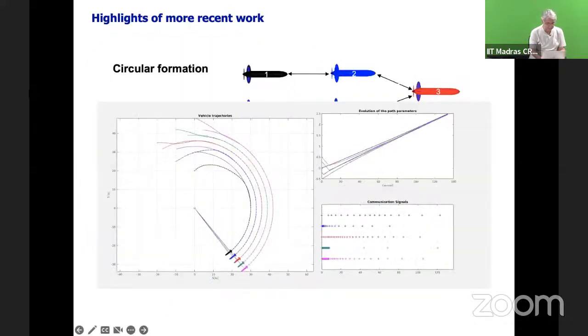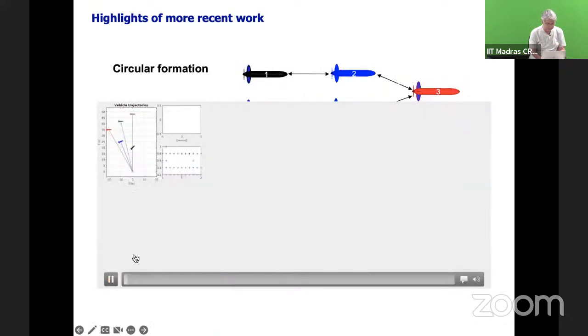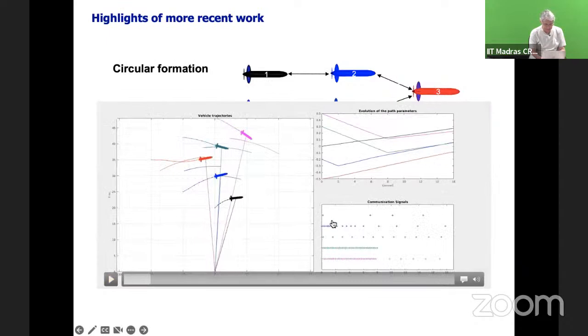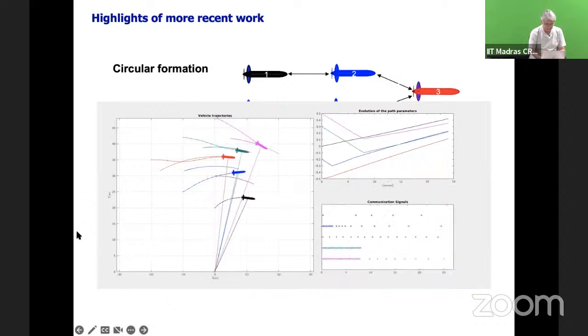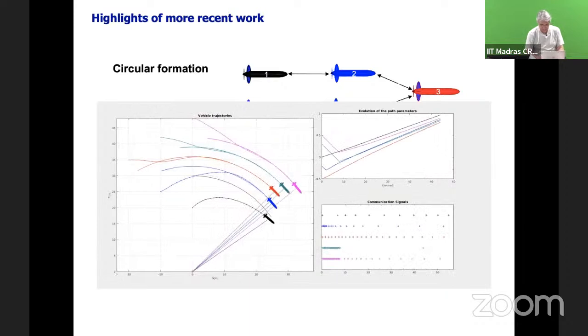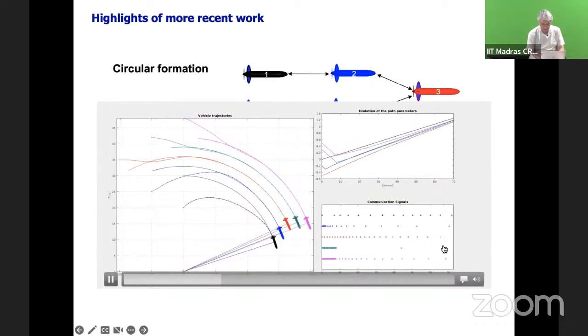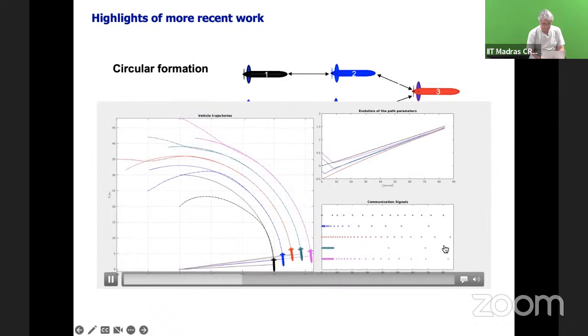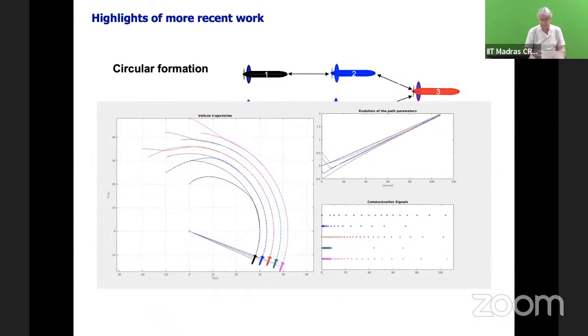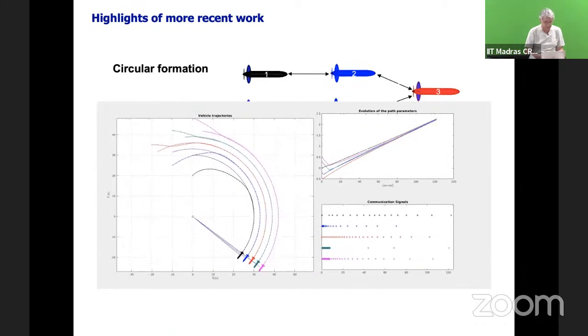And here you can see an example. Now, pay attention. At the beginning, the vehicles are communicating a lot because they are at different points along the path, so the models do not fit. But once they get reasonably synchronized, then they communicate less and less. You see here the communications. Until in the limit, if there are no disturbances, they don't need to communicate anymore, which is an extreme case because you are always going to have some noise.